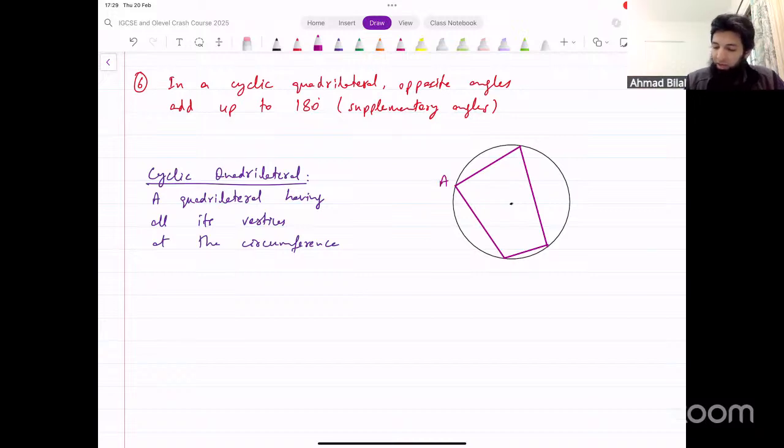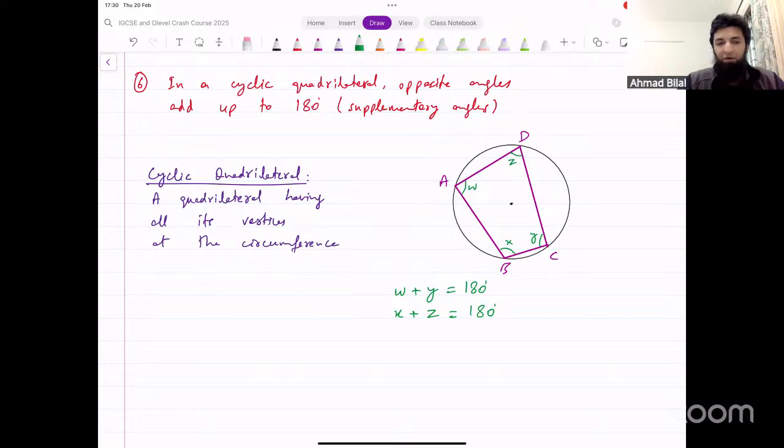Let's say this is point A, this is point B, this is C, this is D. Now, if this angle is W, let's say this is X, this is Y, and this is Z. The opposite angles, their sum is going to be 180. So W plus Y is going to be 180. And X plus Z is also going to be 180.